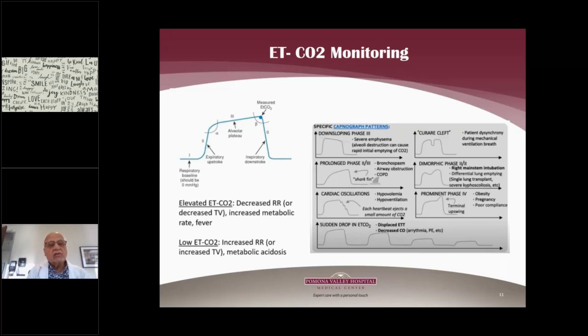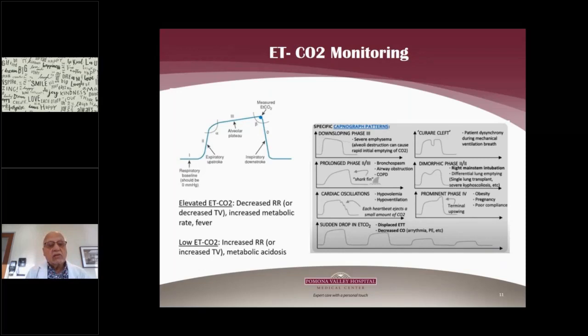Elevated end-tidal CO2 is usually seen where there's a decrease in respiratory rate or tidal volume, and of course when metabolic demand increases, especially with fever or the patient going into a state of shock.